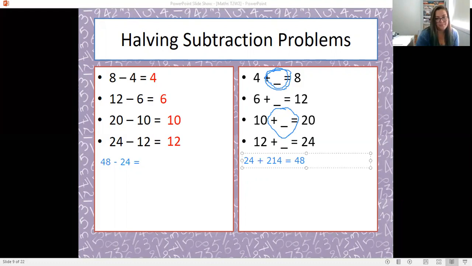So I'm going to half it. And there is my answer. 24 plus 24 equals 48. And then if I have a look again over this side, that must mean that 48 take away 24 is the same as 24.